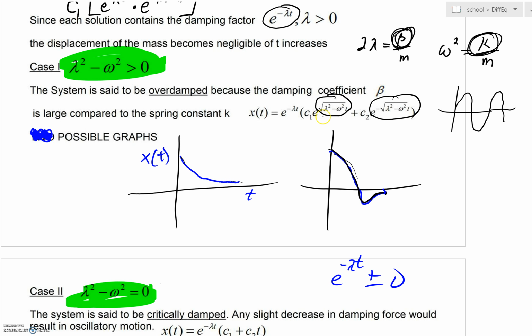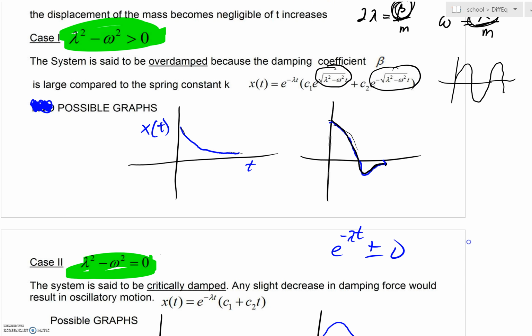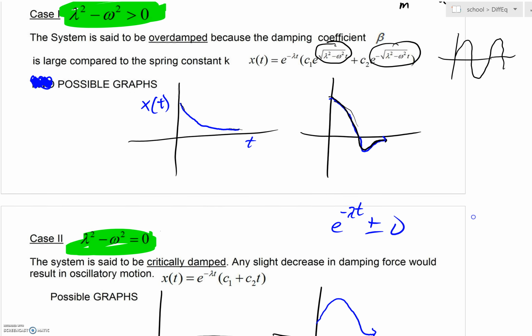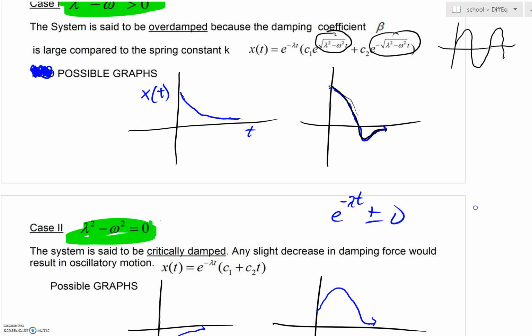So in other words, you'd have some constant times e to the negative lambda t. But remember what happens when we've got that discriminant equal to 0. That means you have double roots. And when you've got double roots, you want to make that adjustment of putting in a factor of t.